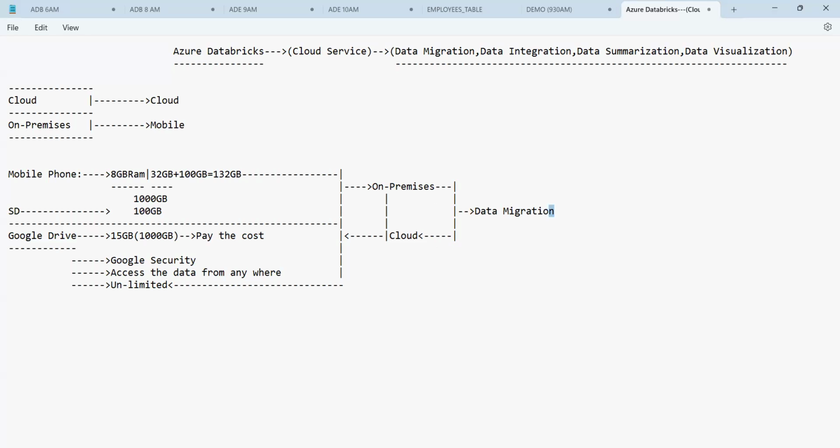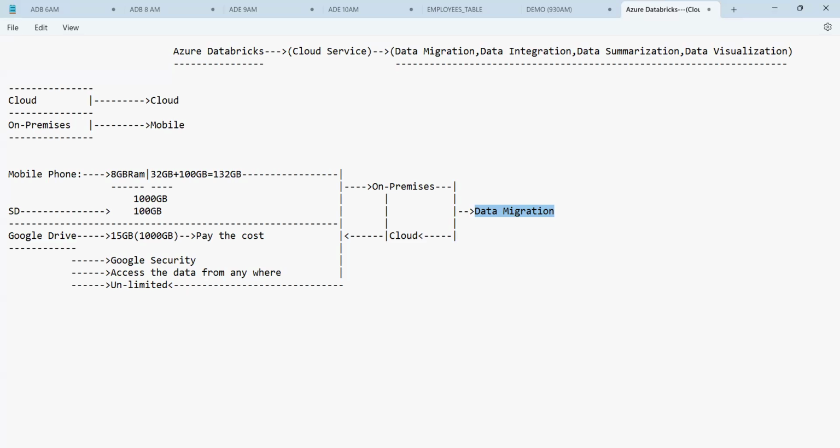Data migration is a process where we move the data from the mobile phone to the cloud environment. It can be the Google Drive, or if you're using an iPhone, you can use iCloud.